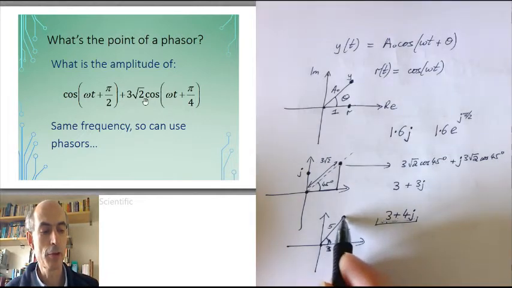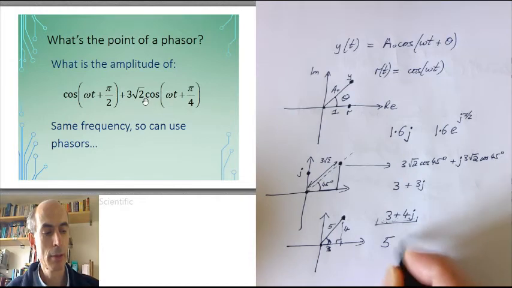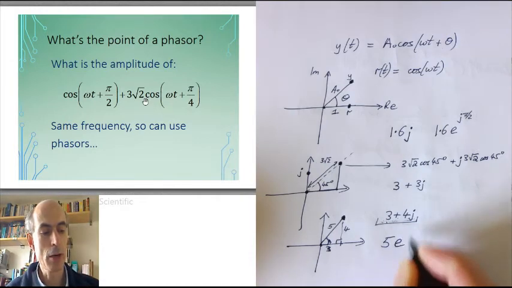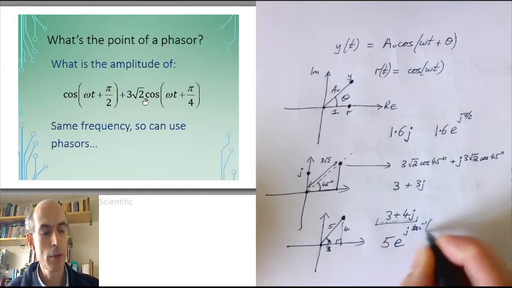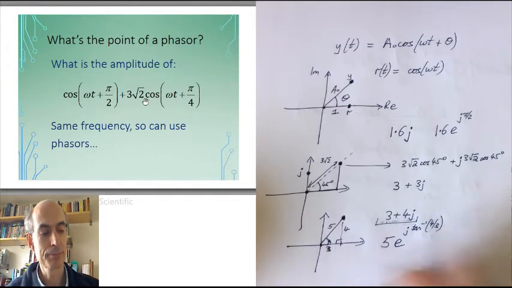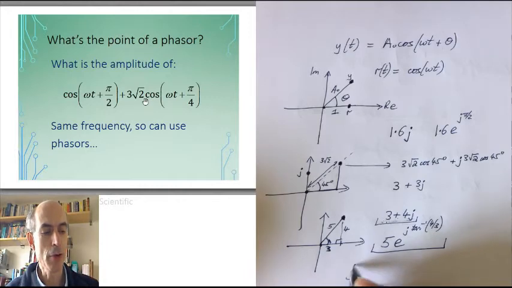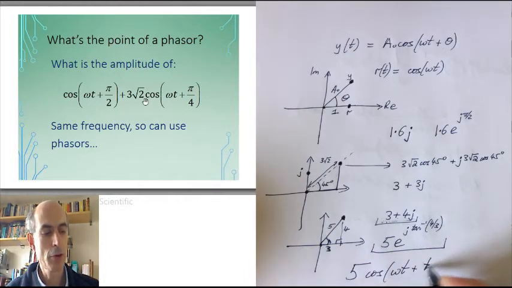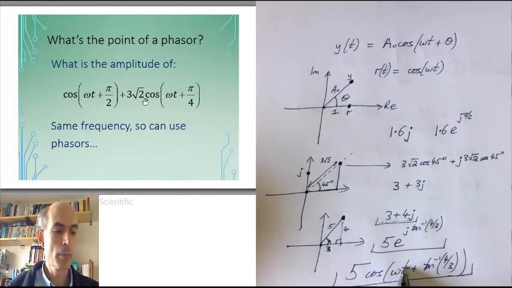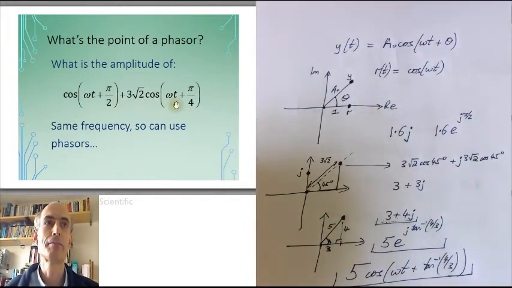So that phasor there is going to be 5 times e to the power of j, and the phase angle is the inverse tangent of 4 over 3. That is the phasor which represents the oscillation with amplitude 5 and phase angle tan to the power of -1 of 4 over 3. So that would be the sum of those two cosine waves.